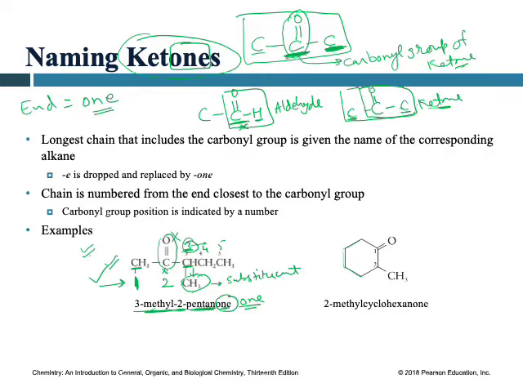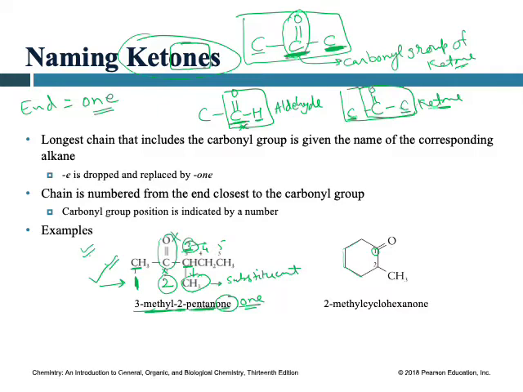So again, give the preference to the carbon that has C double bond O. This is the first carbon. So why are we putting the number 1 on the carbonyl group over here, but in the previous case we didn't put our number 1 on the carbonyl group?